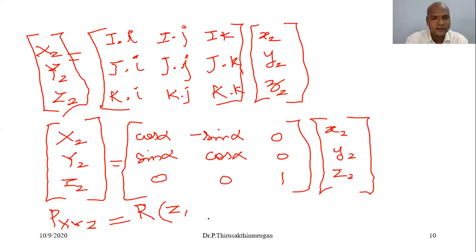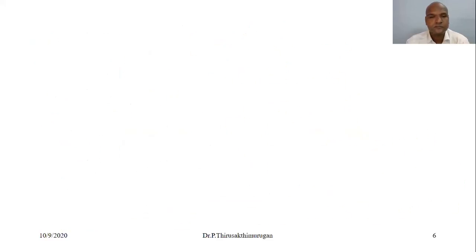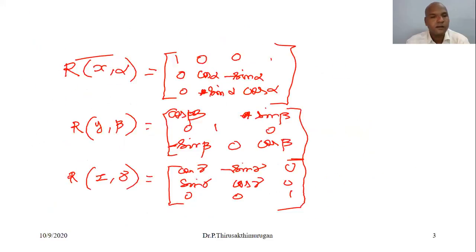So Z comma alpha into small x, small y, small z. So this is the transformed matrix for z axis.